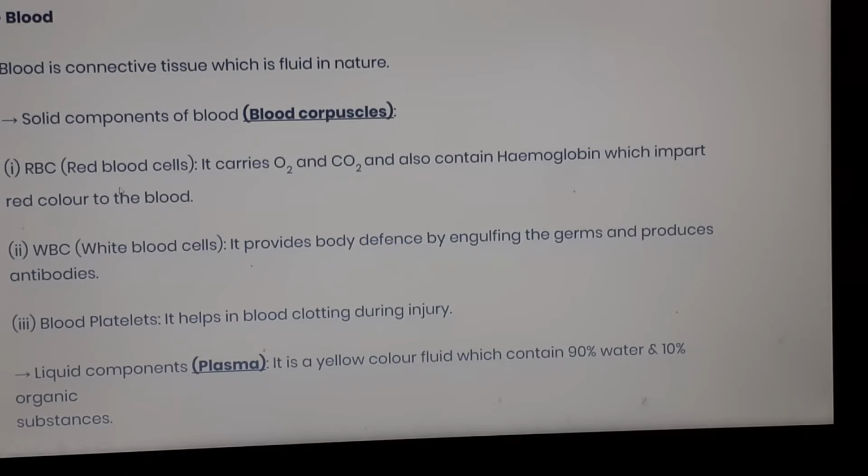So what are the things present? RBC, WBC, platelets, plasma. RBC, that is red blood cells, carries oxygen or carbon dioxide and also contains hemoglobin. Hemoglobin, what is the importance of that? It gives red color to the blood and also it binds with the oxygen. Next one, WBC.